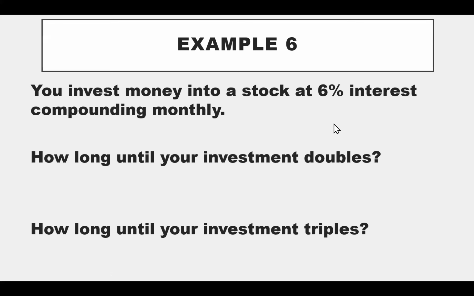Let's do another example, but this time let's not compound continually. This says you invest money into a stock at 6% interest compounding monthly. How long until your investment doubles? How long until your investment triples?